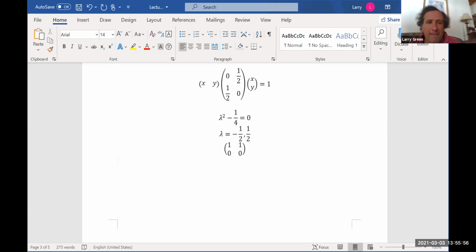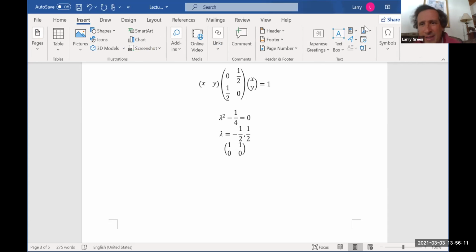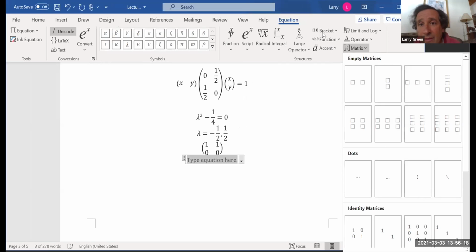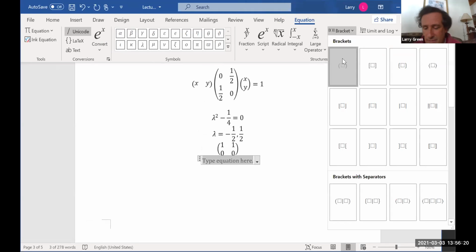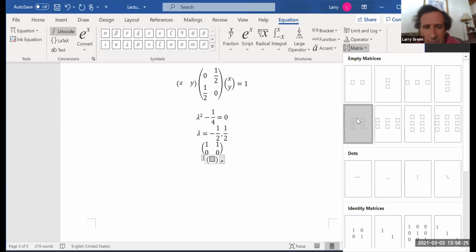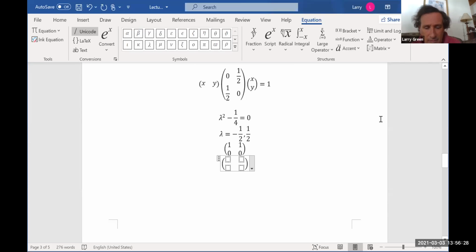By the way, if it's positive 1/2, things don't change much except you're going to have negative 1/2 along the diagonals. So I'm going to skip to the chase because it's pretty easy. Our P matrix is going to be what?